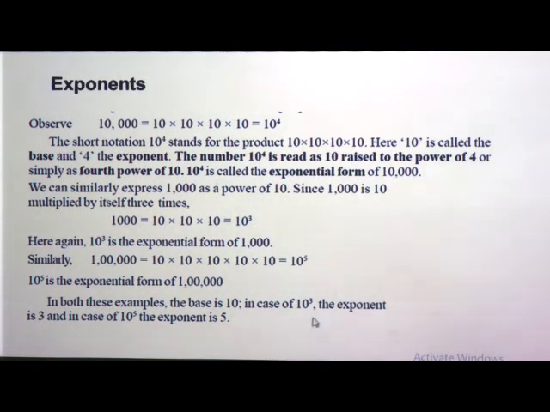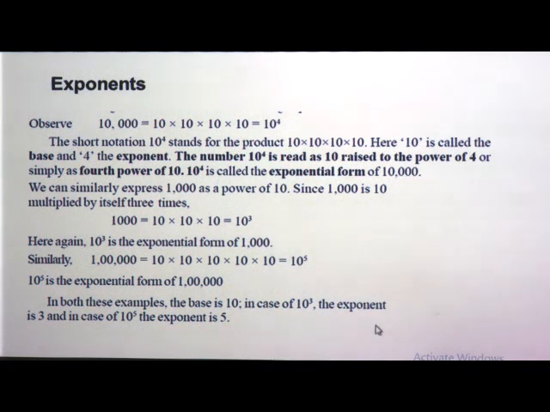In case of 10 raised to the power of 3, the exponent is 3, and in case of 10 raised to the power of 5, the exponent is 5. So, whatever you are writing as a power is nothing but an exponent, where the base is 10.